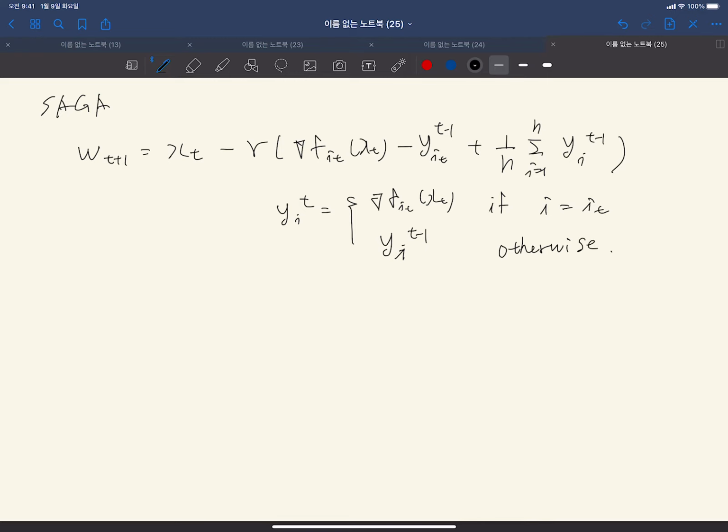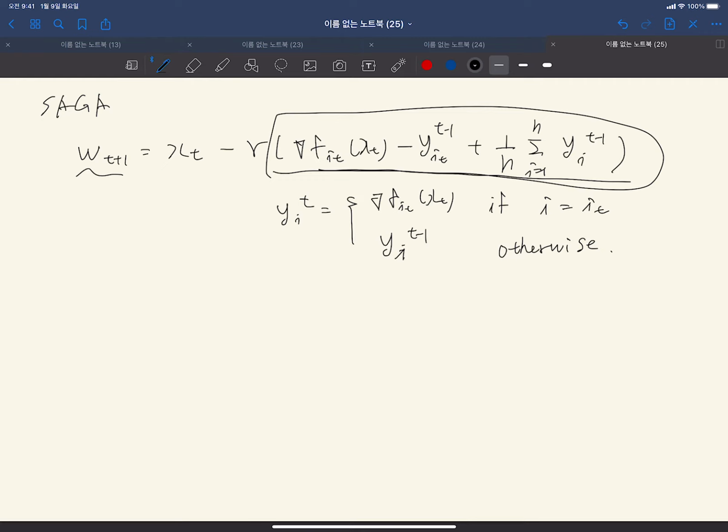Basically, the SAGA algorithm essentially combines the ideas of SVRG and SAG. We make this update rule an unbiased gradient estimator, and because of this update rule, we can reduce the variance as well. Why is this not x_{t+1} but w_{t+1}?